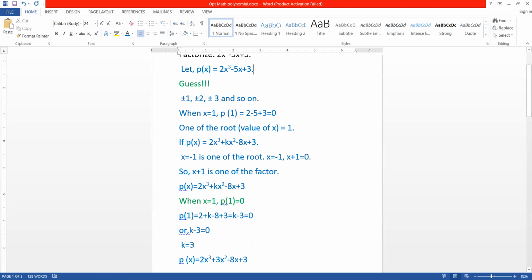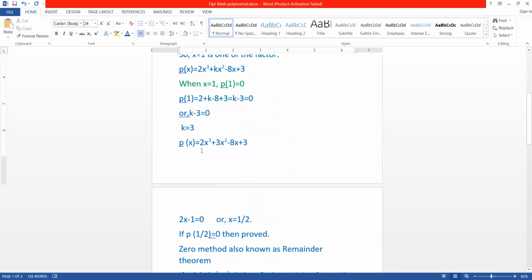That is k minus 3 equals 0, or k equals 3. Now we are getting the value of the constant also. And substituting the value of k, p(x) is 2x cubed plus 3x squared minus 8x plus 3.